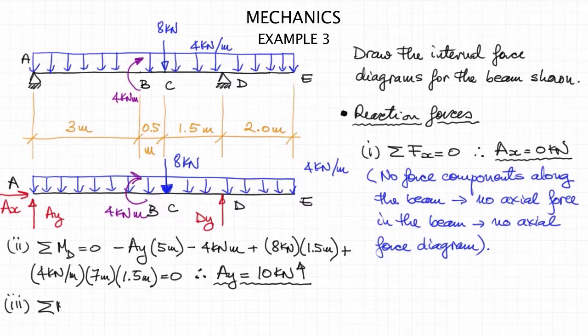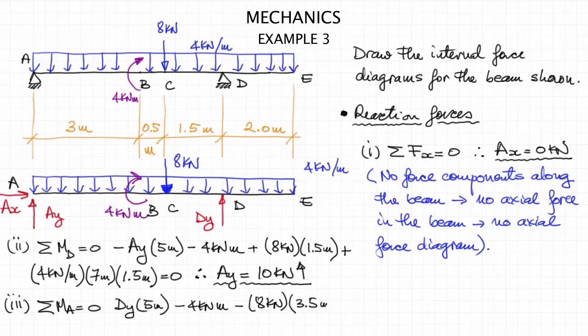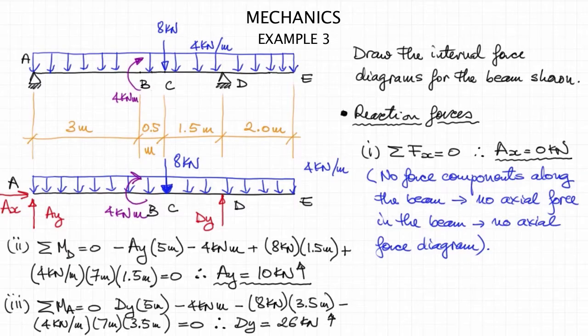Similarly, we can sum the moments at point A, at the location of the pin, equals 0. This will eliminate the reaction forces at A from the equation and will help us calculate the vertical reaction force at D, at the roller location. So therefore, if we carry out these calculations, Dy will be equal to positive 26 kilonewtons going upwards.